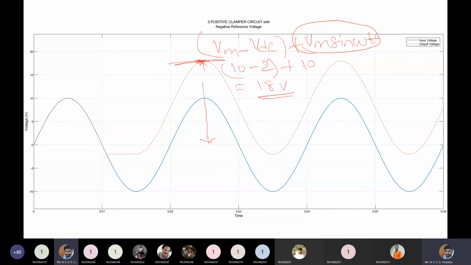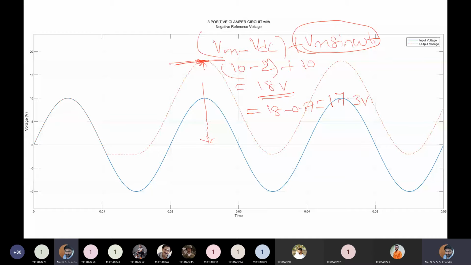In case you are using a practical diode, additionally you have to remove that 0.7 volts. So for a practical diode, it will be 18 minus 0.7, that would have been 17.3 volts.